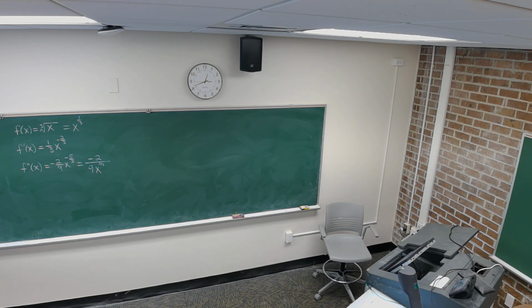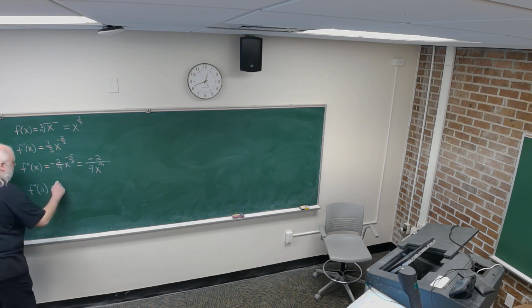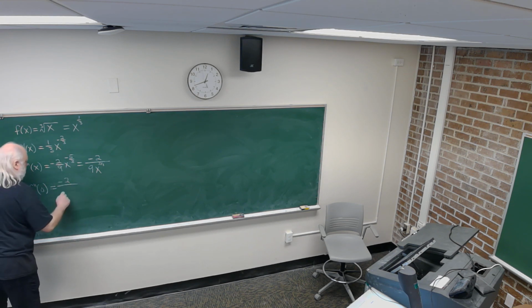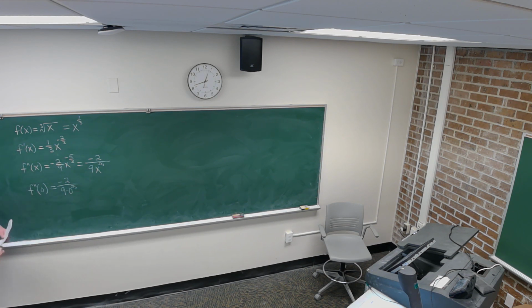Well, there's no value of x that makes the second derivative equal to 0, but there is a value of x that makes the second derivative undefined, or the second derivative doesn't exist. And we should already know that, because from yesterday's work, the first derivative doesn't exist at x equals 0, so the second derivative can't exist.